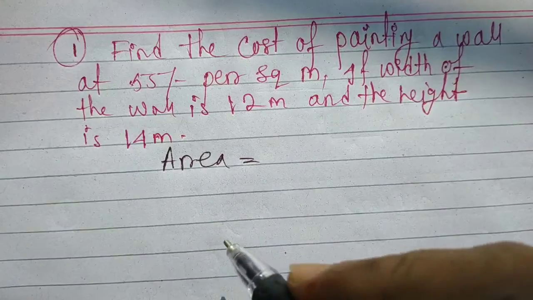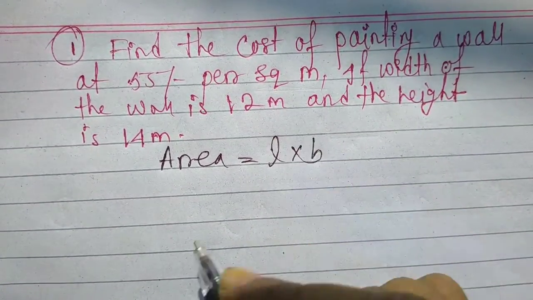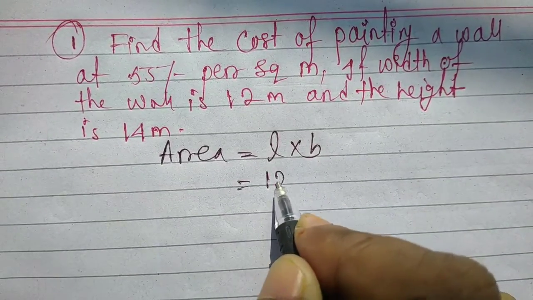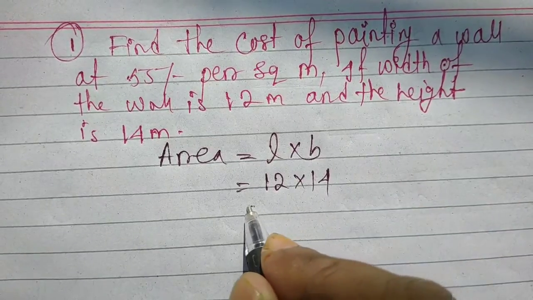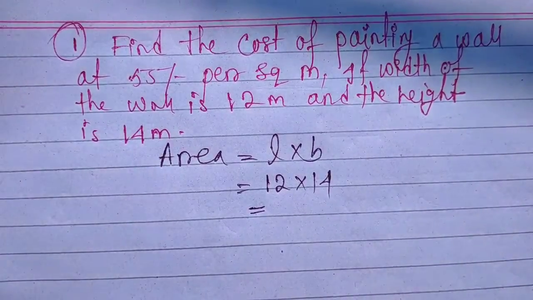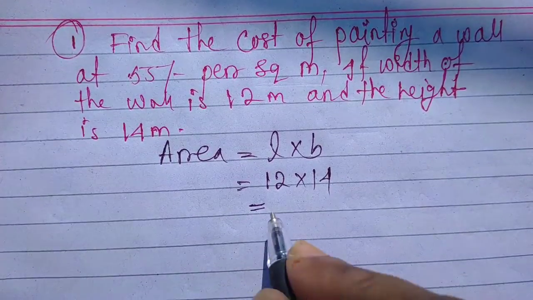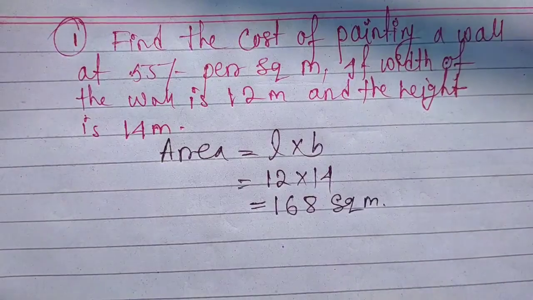So what is the formula of area? Area will be length into breadth. That means 12 into 14. Now it will be 12 into 14, 10 14s are 140 plus 28. So it will be 168 square meter.